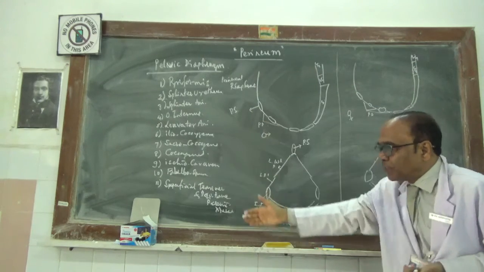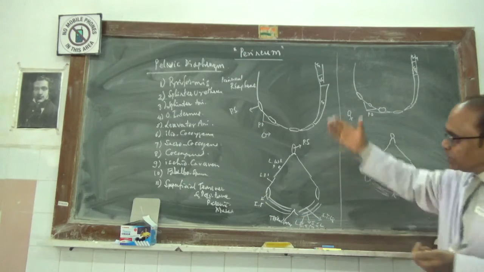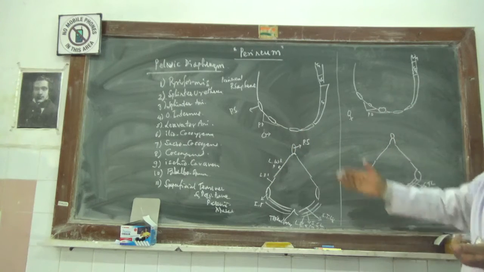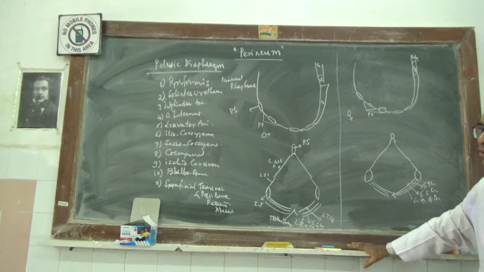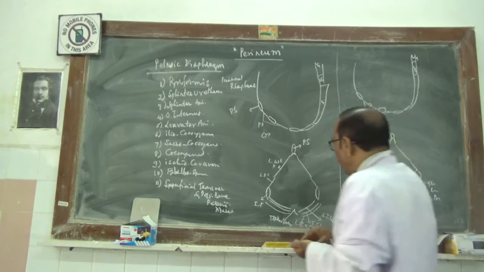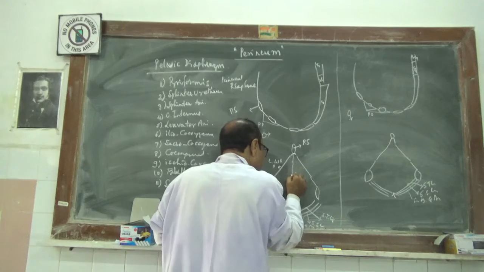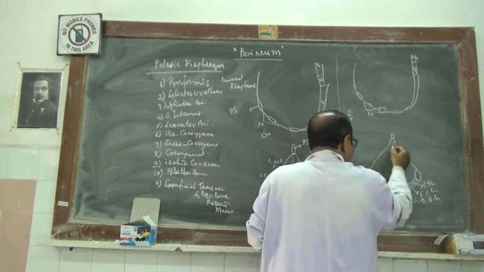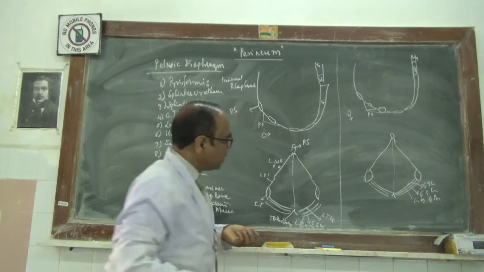Now the pelvic diaphragm is not simple, but it is a fusion of those muscles, some 11 or 12 muscles, which fuse one side with the other, forming the perineal wrap in male and in female.